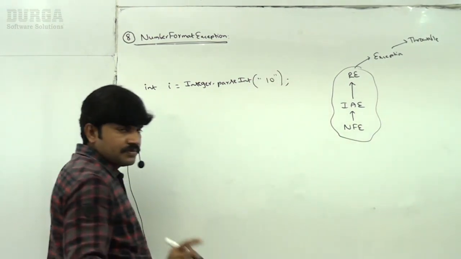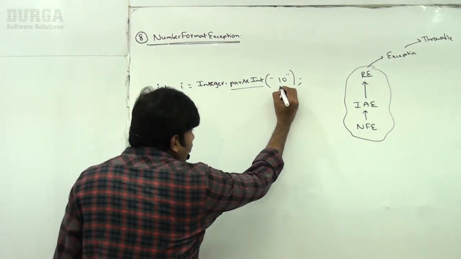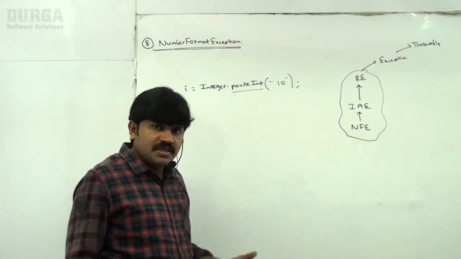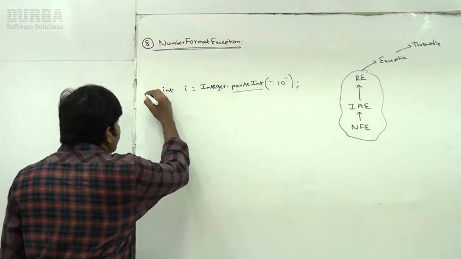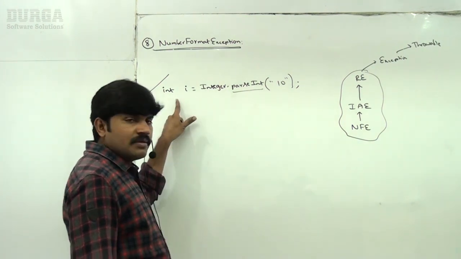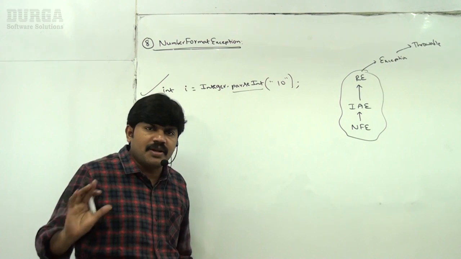I am calling the parseInt method with a string argument whose value is "10". It is a number only. That's why we are never going to face a problem. We are converting a string to a number, and the string represents a number only. No issue at all. Acceptable, right?